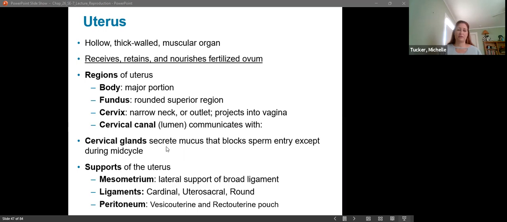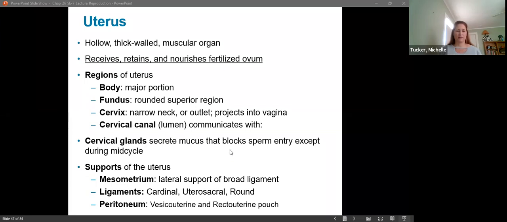Cervical glands secrete a thick mucus plug that blocks sperm entry except during mid-cycle. So it wants to prevent bacteria and pathogens, but it also only wants to allow sperm access to the oocyte at the proper time for fertilization.